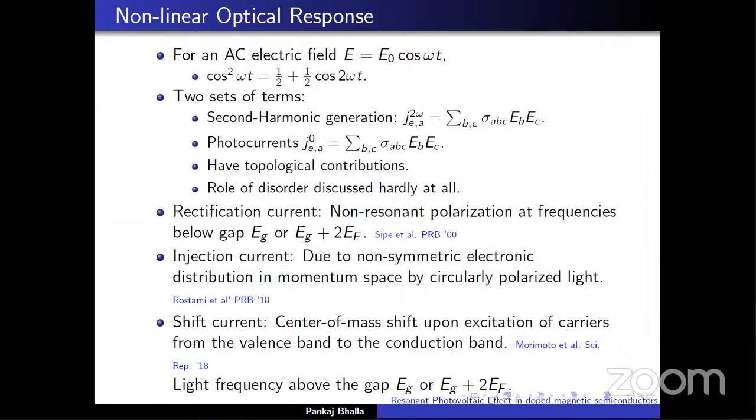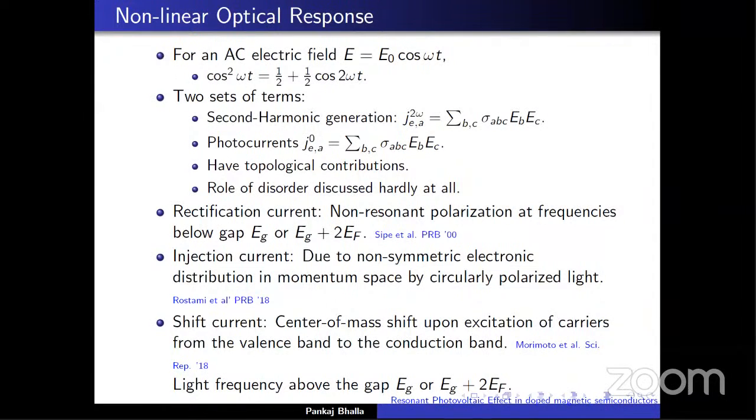I am classifying these things based on the energy scale. If we are giving a field which is less than EG, the below-the-gap scenario, that means we are within the valence band only. The transitions occur within the valence band because of scattering.